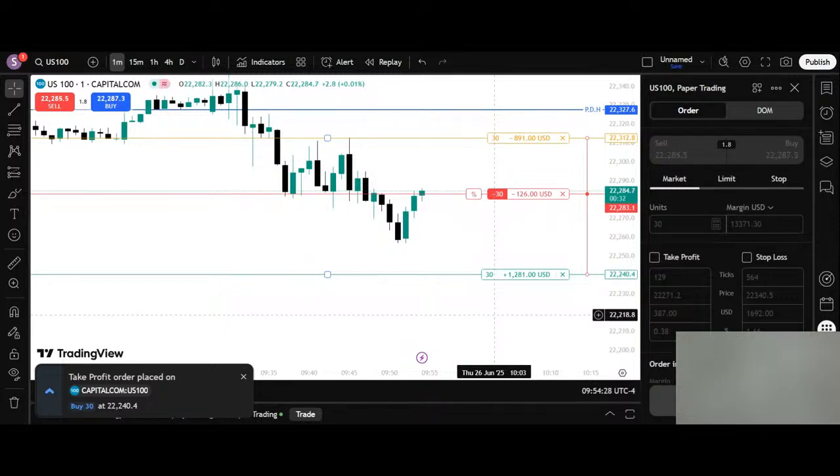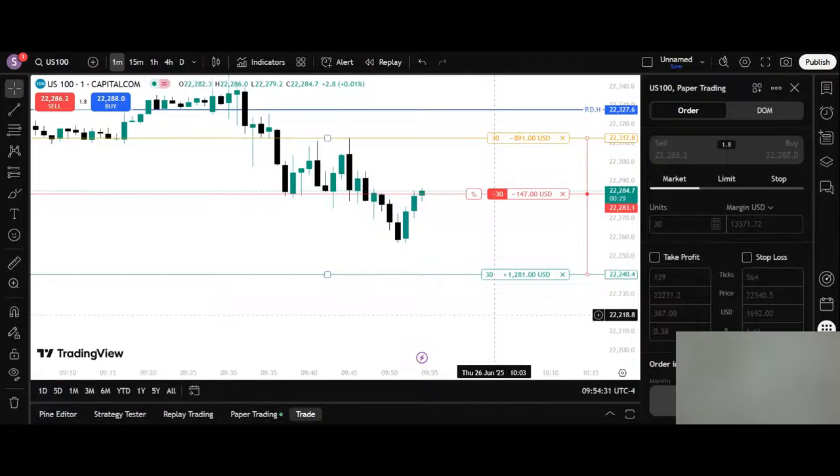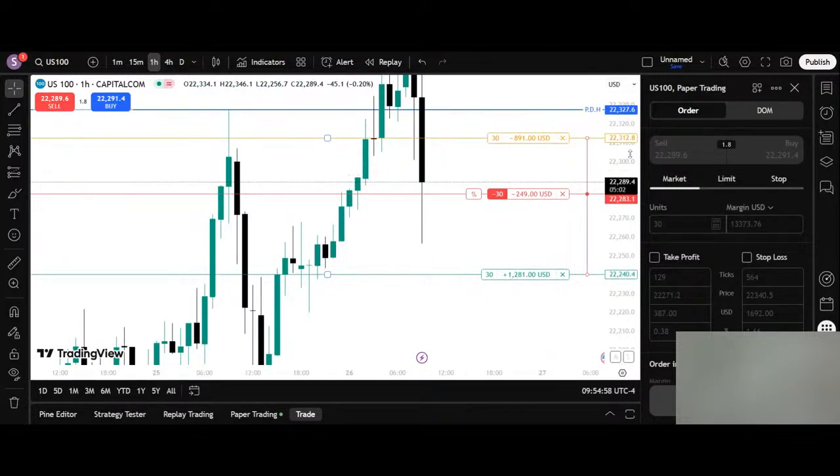I kind of took a risky trade today. But I do believe it's gonna crash by looking at the higher time frames. So I just have to wait for it. Maybe I'm wrong, but it's okay. I was willing to risk for it.